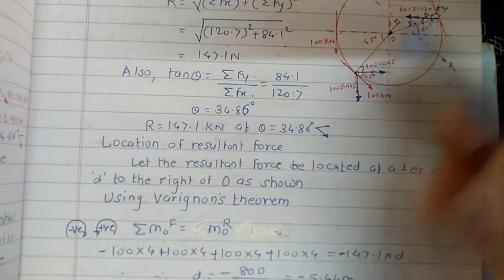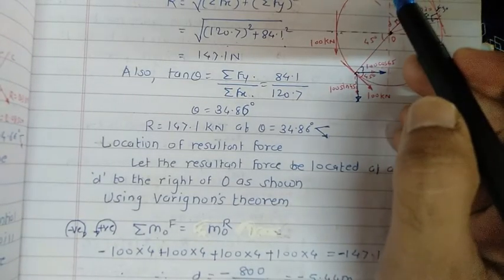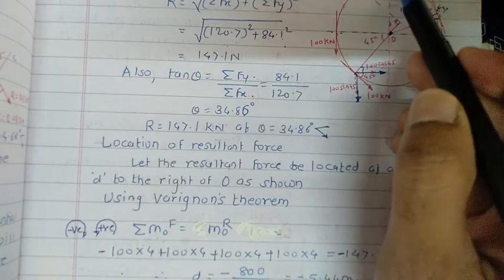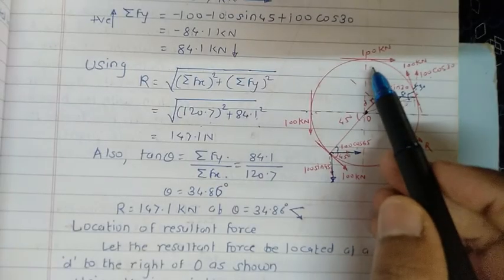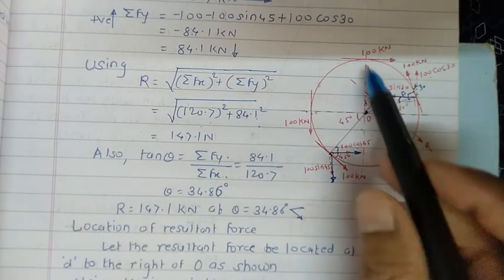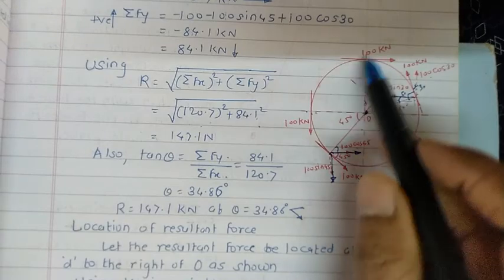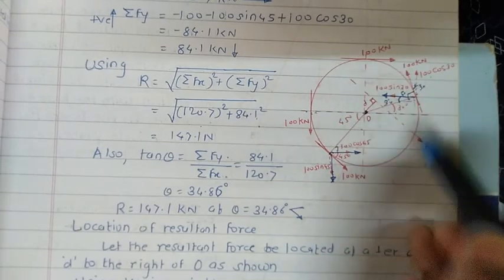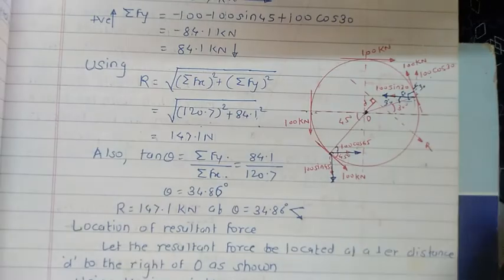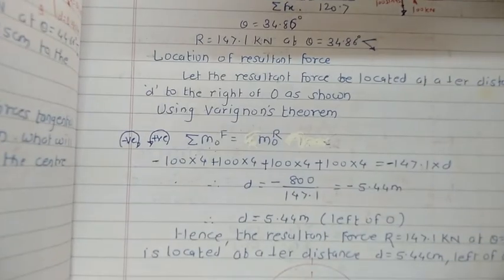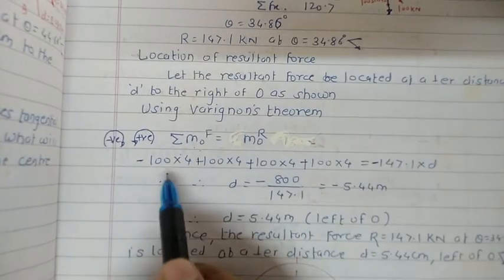That's why the first force considered is this one. So the 100 kilonewton force multiplied by the distance, the radius of 4 centimeter. The tendency of this force is to turn about this point clockwise, so minus 100 multiplied by 4.